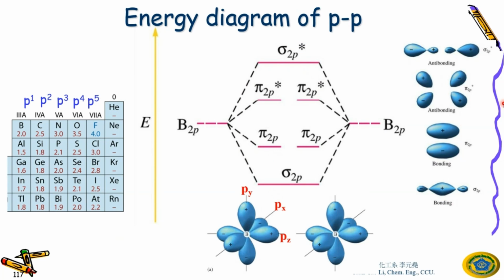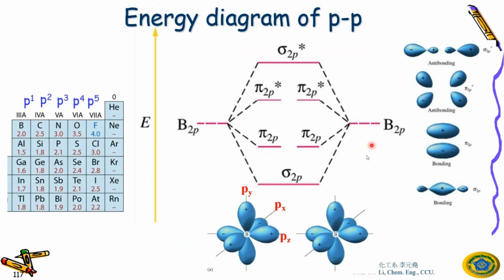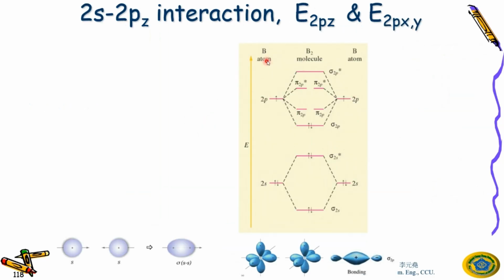But you might say, well, Professor, something is wrong, because when I learned this, it's not like this. This is called s and pz interaction. As I just showed you, it looks like this. Ideally, it should look like this for boron. However, there's an s and pz interaction, so the shape changed, the energy level changed.